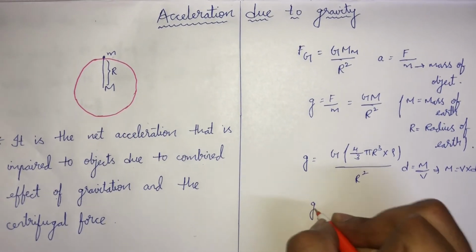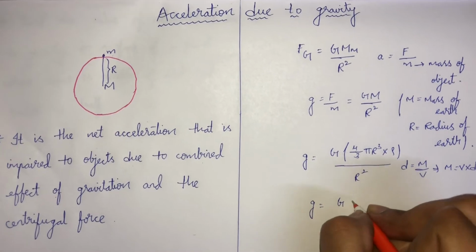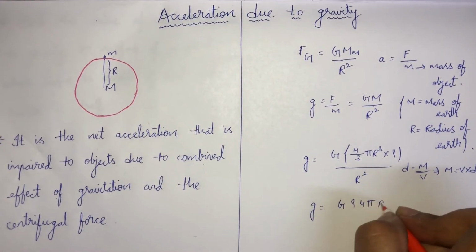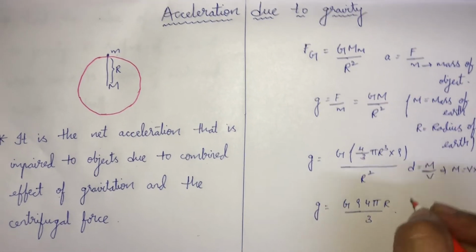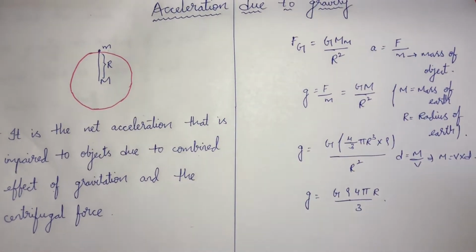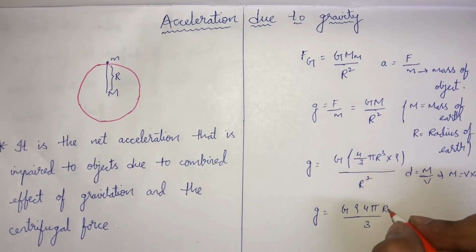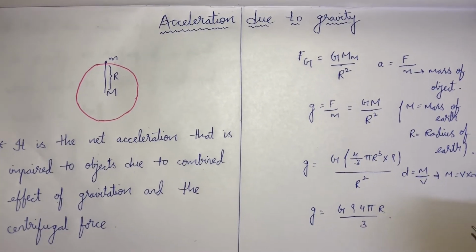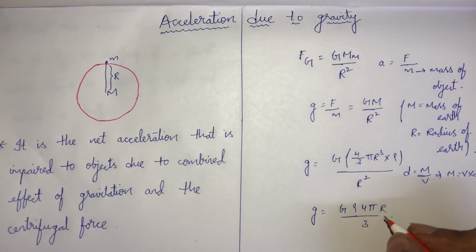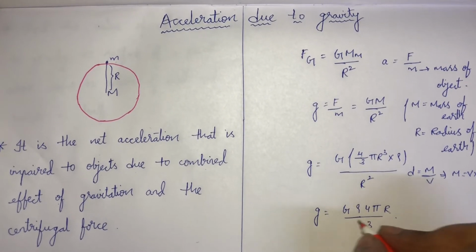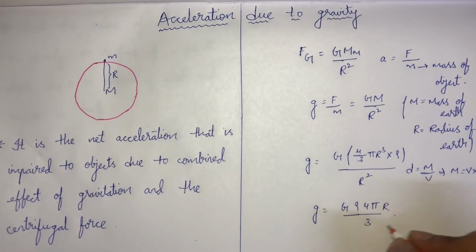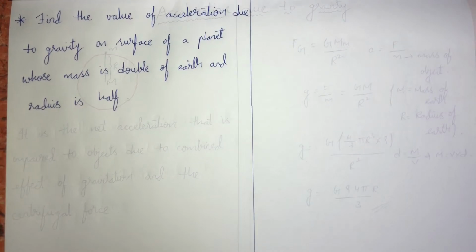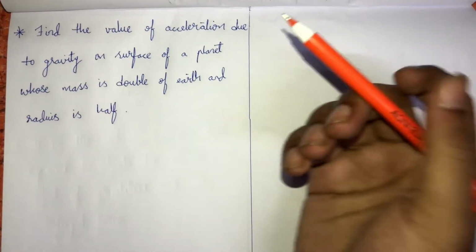Then g will be equal to gravitational constant into density 4 pi r cube by 3 r square. After cancellation we are going to get r. So the relation of acceleration due to gravity with density is g is equal to G into density 4 pi r by 3. That's clear, very simple.